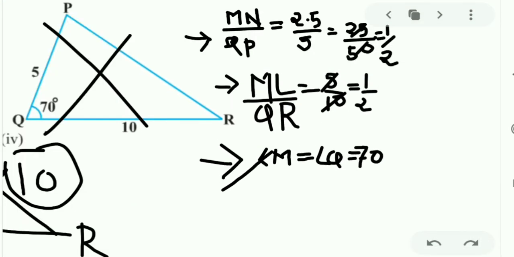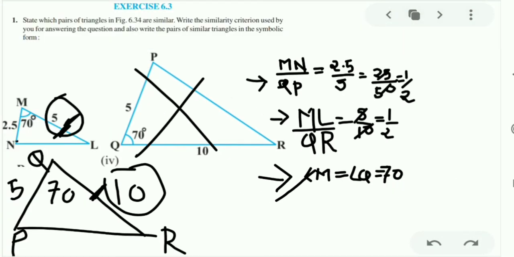As you can see, the ratios of the two sides as well as one angle are there. So these two triangles are similar, but the name of the triangle will be changed. Here we will write that MNL is similar to QPR. We have to take care of how we write it.